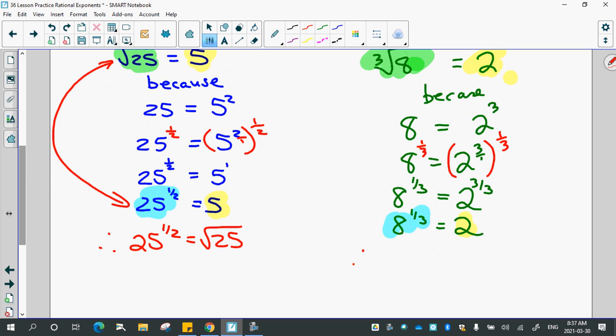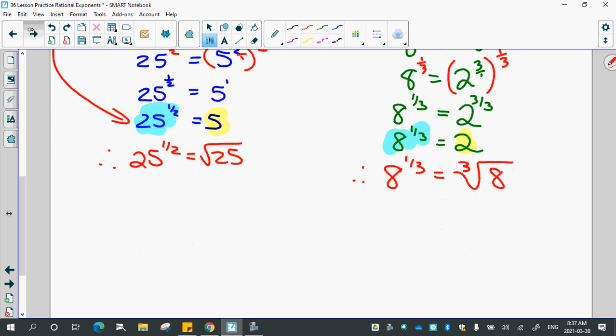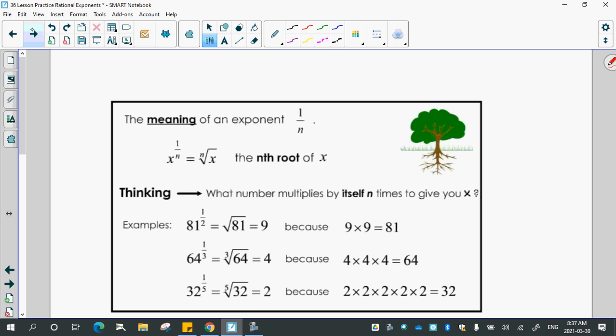So that must mean that 8 to the 1/3 is the third root of 8. Those are ways we can arrive at the definition of a fractional exponent with a numerator of 1. It means the blank root of. So the meaning of an exponent of 1 over n.